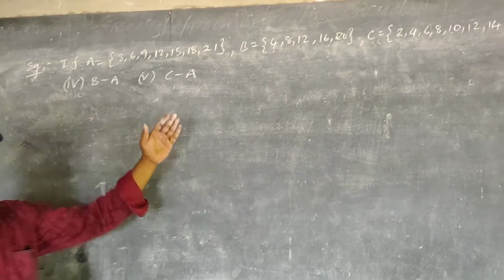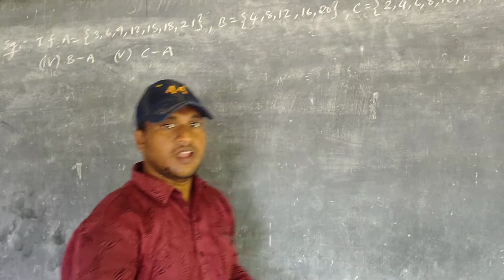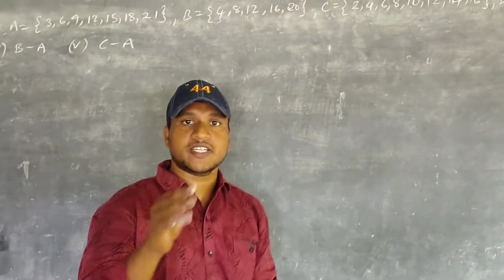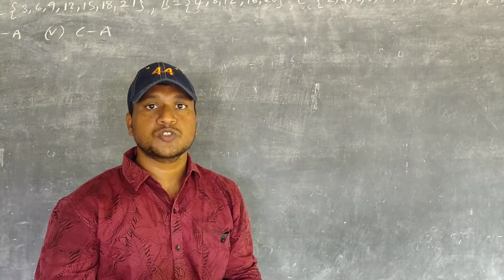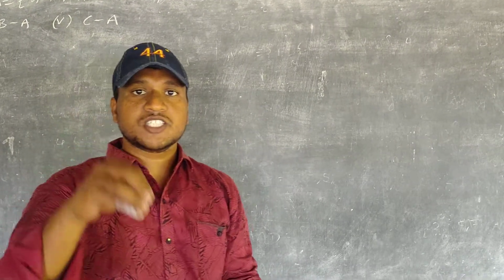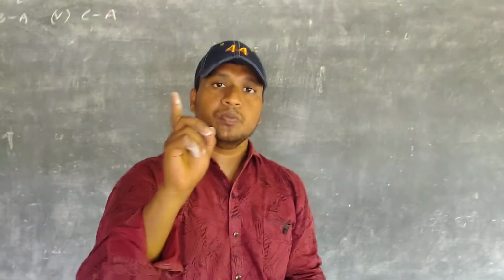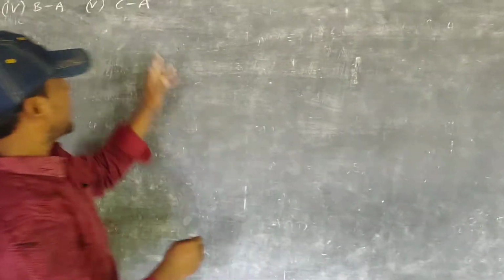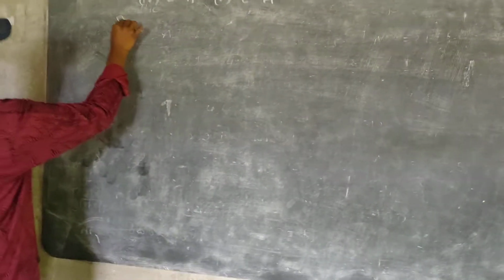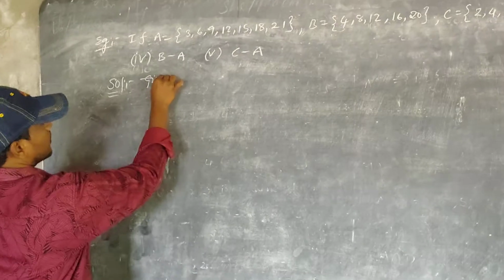Okay, now find the difference of sets. We already know the difference of sets. What is the difference of sets? It consists of the elements that belong to A but do not belong to B. Right, let us find the solution.